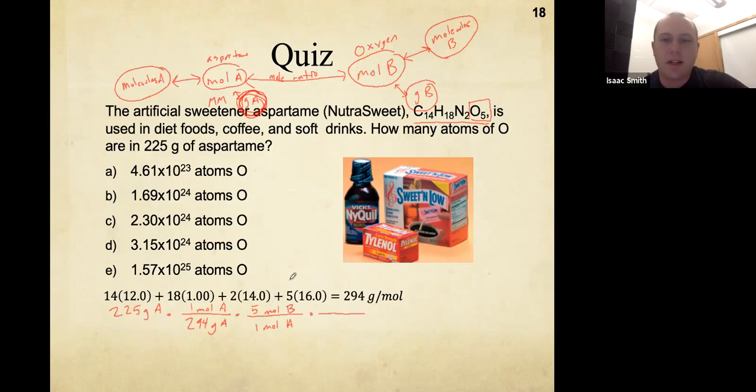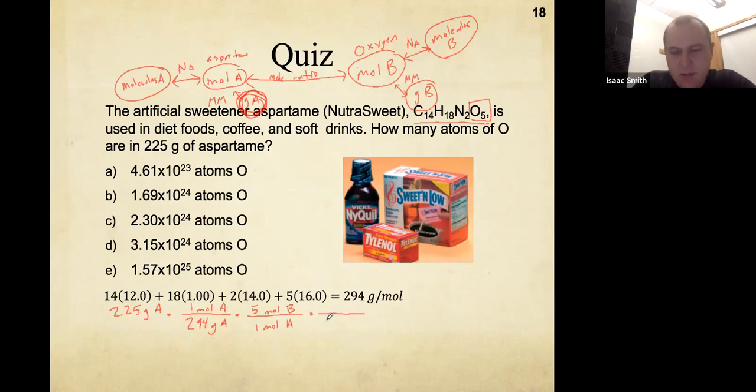Okay, so then we got to go from moles of B up to molecules of B. And so from moles to molecules is Avogadro's number. Right, so that's true here as well, right? And then molecular or molar mass would give us from moles to grams. But we only need to go grams to moles of A, then moles of A to moles of B, which we've done so far, and then up to molecules.